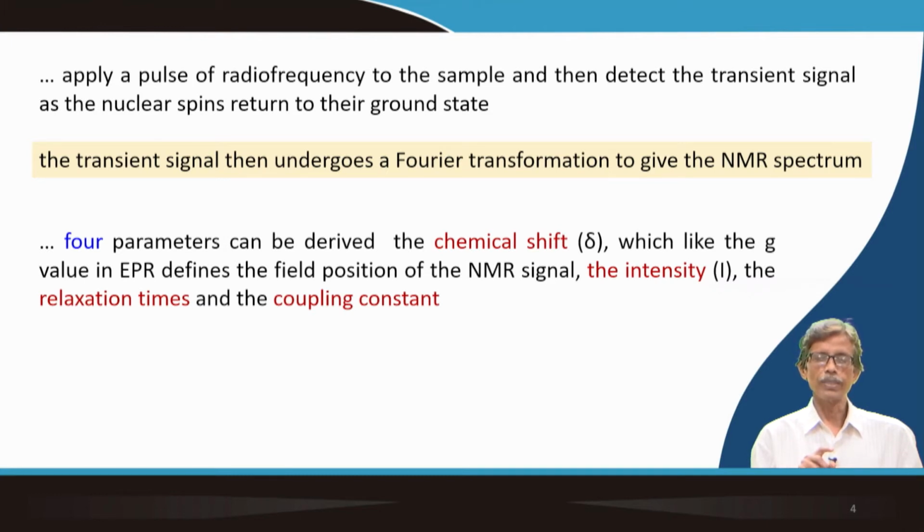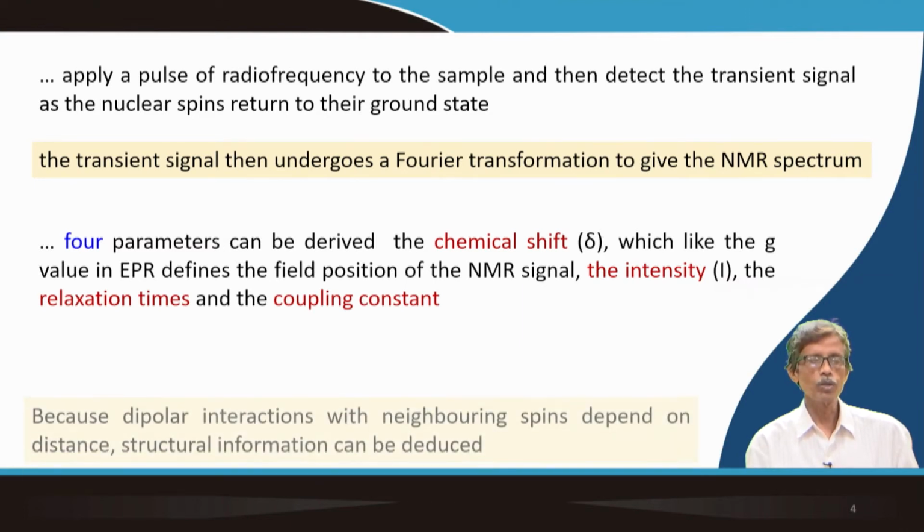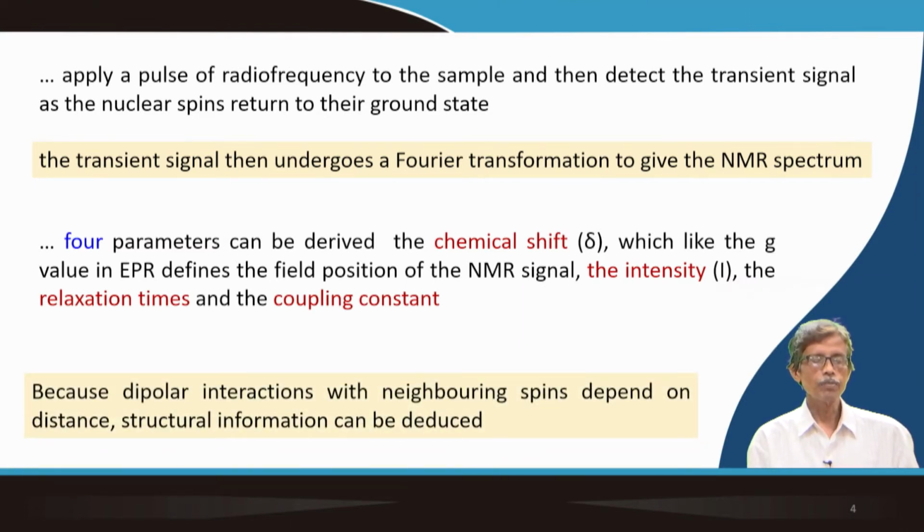So, you can have one CH function and another adjacent CH function, like a simple ethanol molecule, CH3, CH2, OH. There are 3 different types of protons, so you will get 3 different signals in terms of your chemical shift values. These coupling constant values are also important, and they give some other information. You can have the dipolar interactions with the neighboring spins, the nuclear spins.